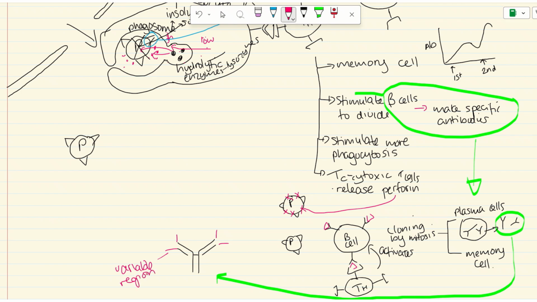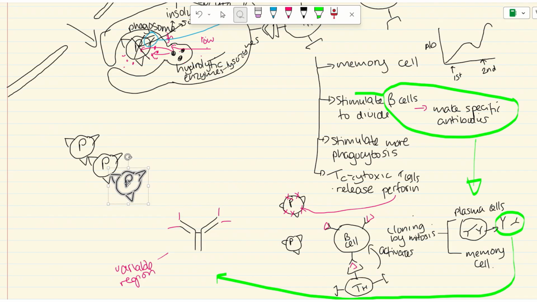And what that antibody does is it can bind with the surface of the antigens on the pathogen.